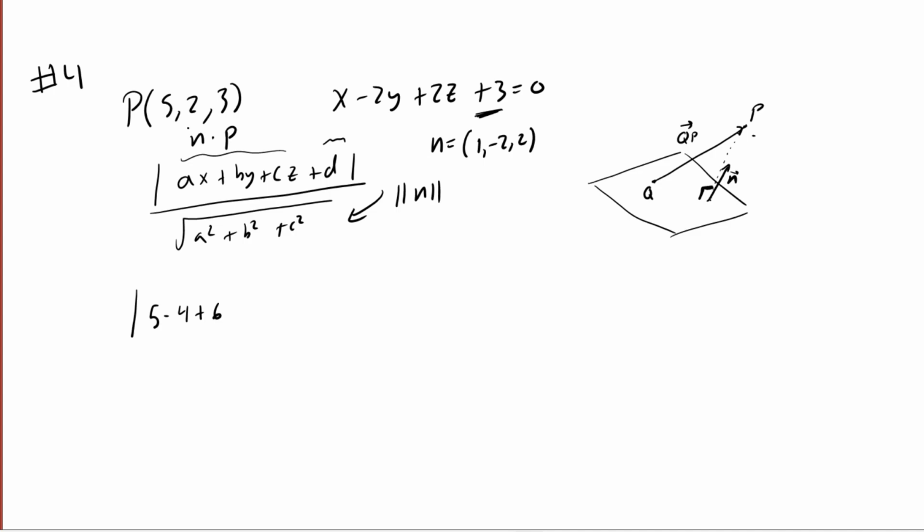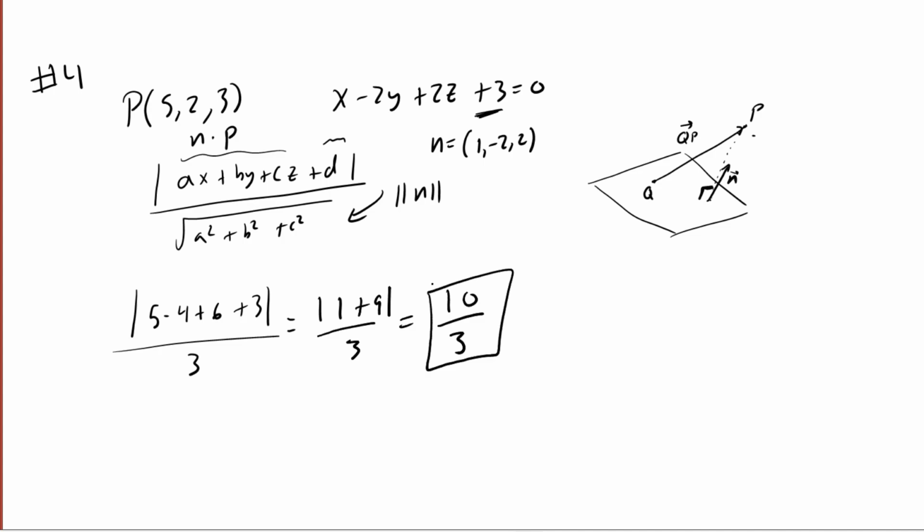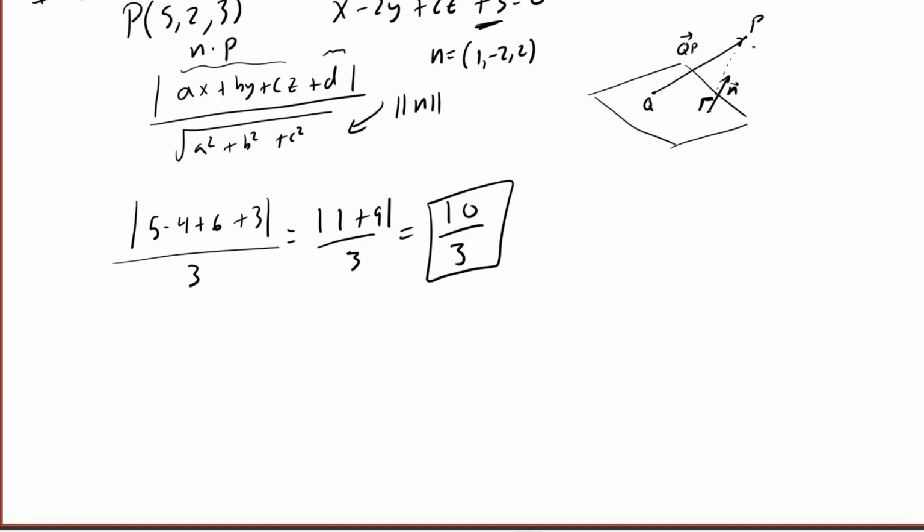Right, 5 minus 4 plus 6 plus 3 over the norm of this vector, and that's going to be 3. So here we have the absolute value of 10 over 3. And the absolute value is just to make sure we get a positive value. If we would have gotten a negative, you can just flip the sign and make it positive.